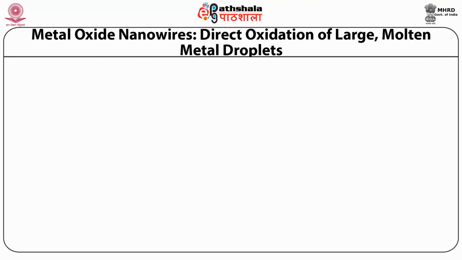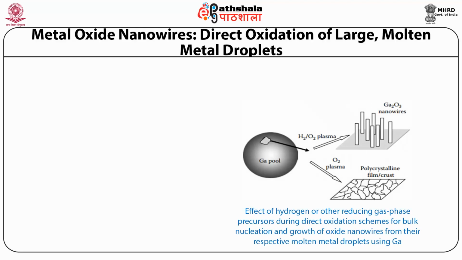Here I want to discuss the direct oxidation of large molten metal droplets to form metal oxide nanoparticles. Another method which is being frequently used for the growth of nanowires is the direct oxidation scheme using low melting metals, which is shown in the figure.